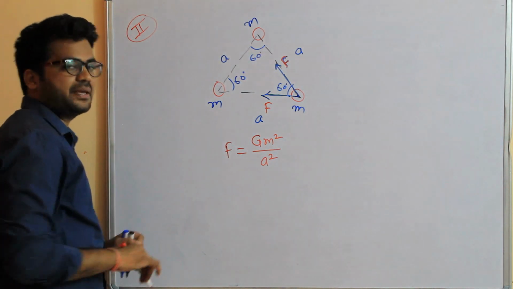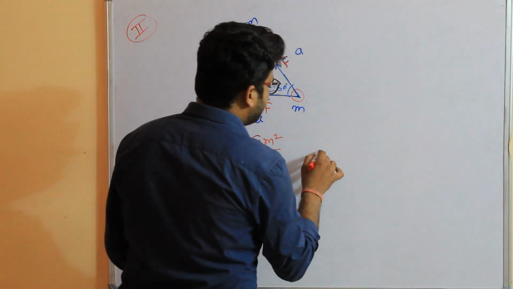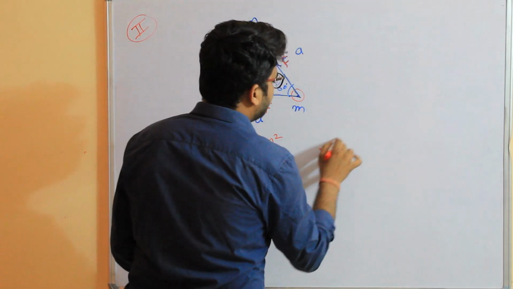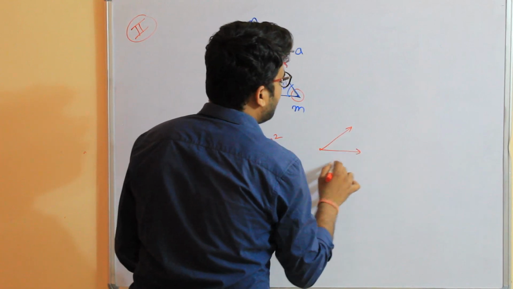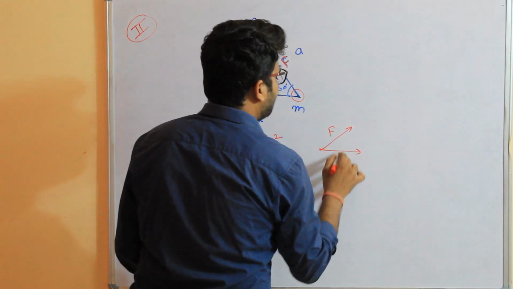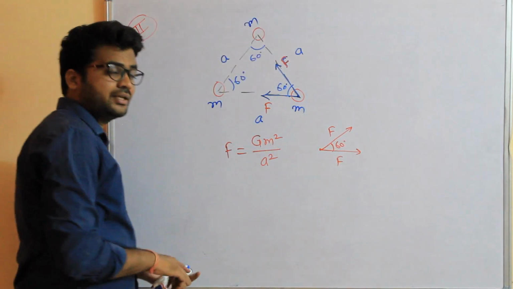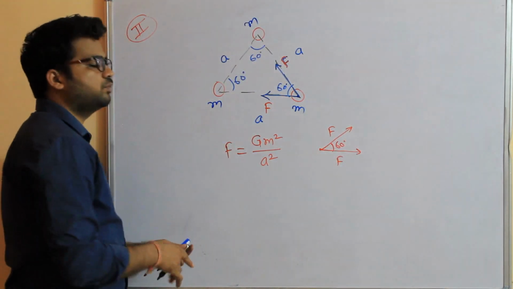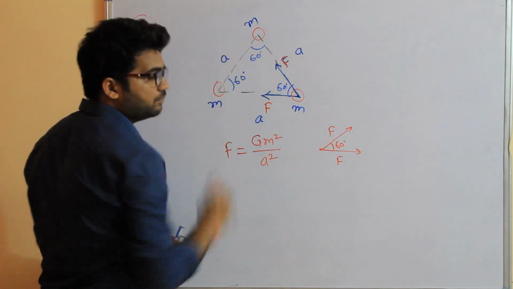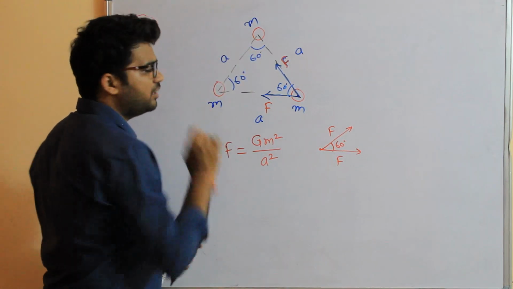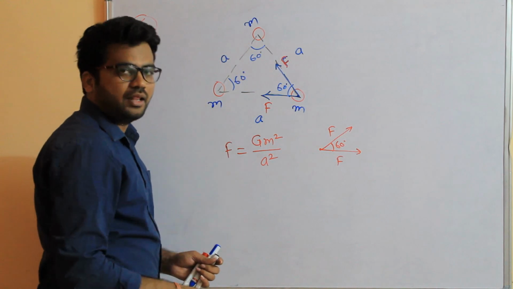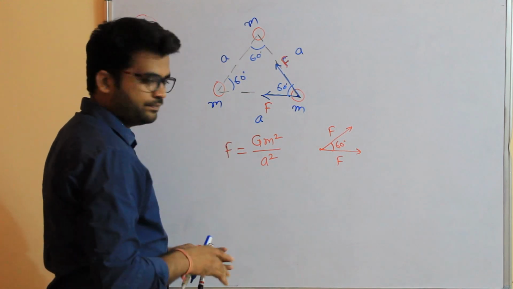Now the magnitude is the same. So we have two vectors which are equal in magnitude. Let's suppose F and F at 60 degree. Right. Now this question might be asked, what is the net force on this small m? Answer is the same.